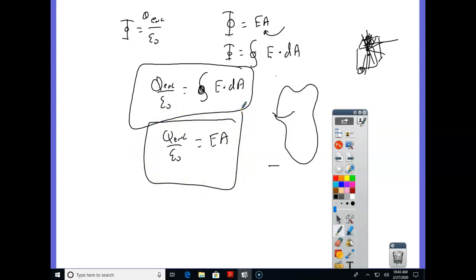That's real Gauss's law. The charge enclosed divided by this constant is equal to the electric field times the area, assuming you pick a good enough shape to pull it off. And that makes sense because E would be a constant if it's not changing, and then the constant would go outside the integral, and the integral would just result in the area.